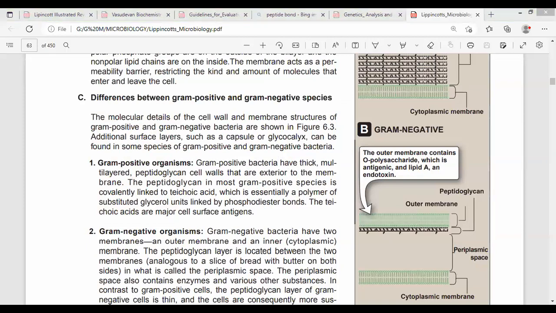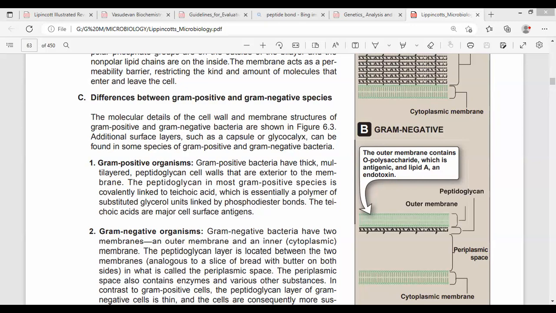There's teichoic acid and lipoteichoic acid. You can be asked, what's the difference between teichoic acid and lipoteichoic acid?